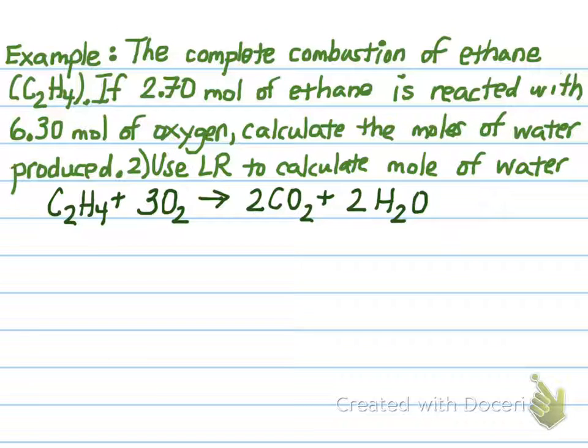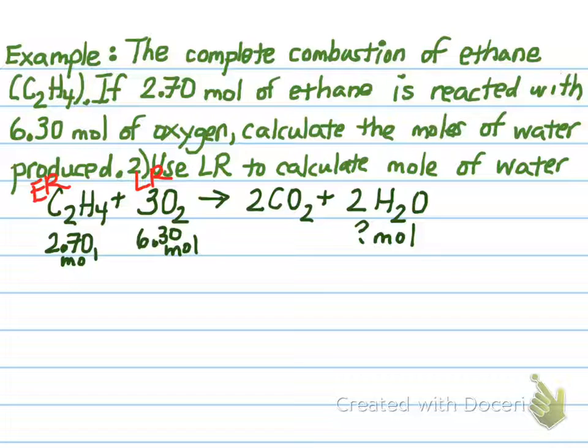Again, we knew we had 2.70 moles of ethane. We know that we had 6.30 moles of oxygen. We already figured out that oxygen was our limiting reagent and ethane was our excess reagent. Now we're being asked to figure out the moles of water.